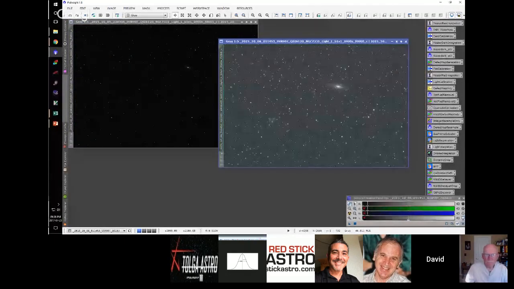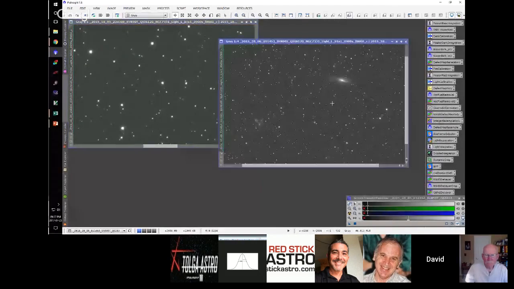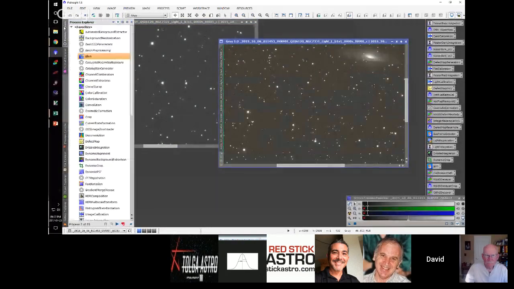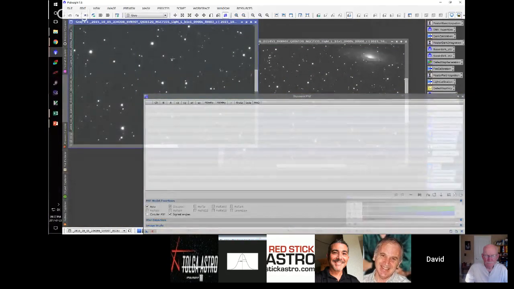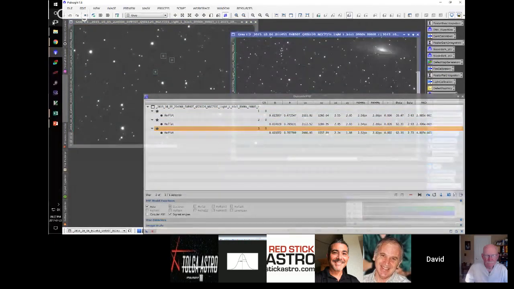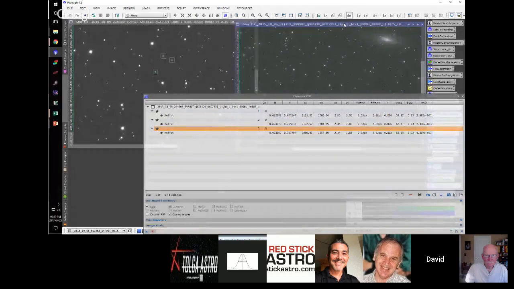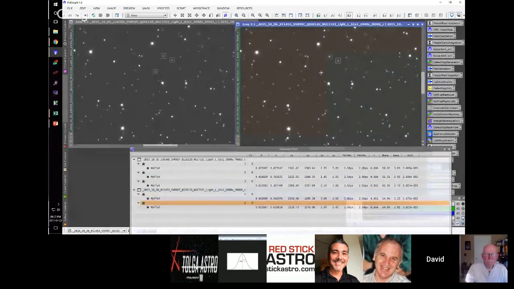Once I've done all my stacking and everything, I tend to keep the images up, and then I'll use targeted selection, like I'll use dynamic PSF and measure specific stars. So I might measure a few stars here and do the same thing on this one. So that's these 3 stars here.